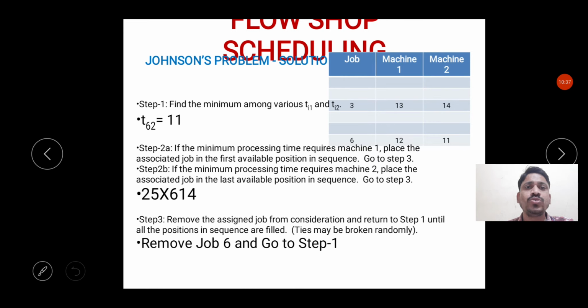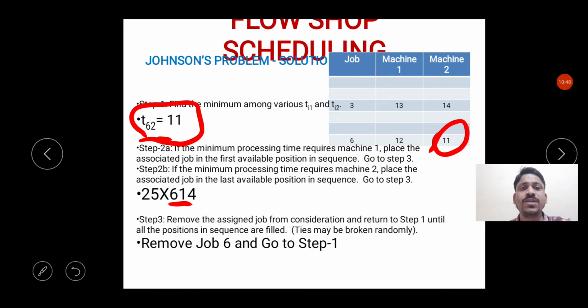See, job 6 2, that is 11. The minimum is job 6 of machine 2, 11. So it is on machine 2, so we place it from the last available space, right? And now remove this job 6, and no need to check this job 3, because whether it is first machine or second machine, there is only one place vacant. So the remaining job 3 is to be placed on the only available space.